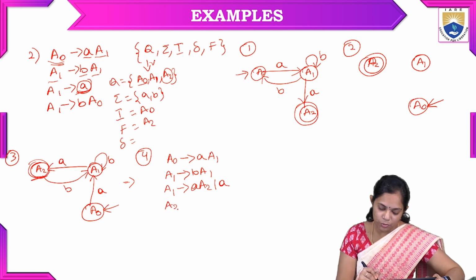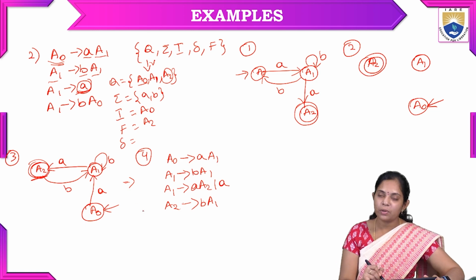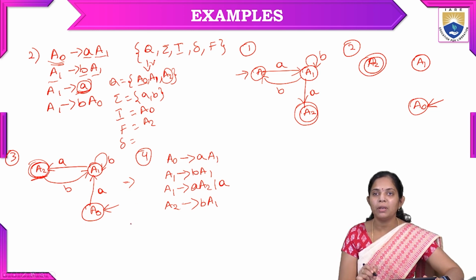And from A2, there is a transition function with b as an input symbol reaching A1. So this is how we converted a transition diagram to production rules.